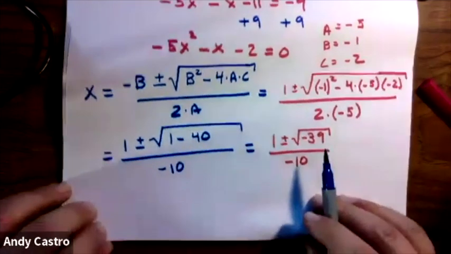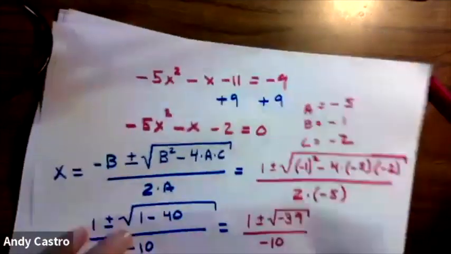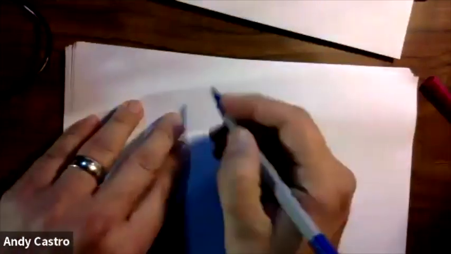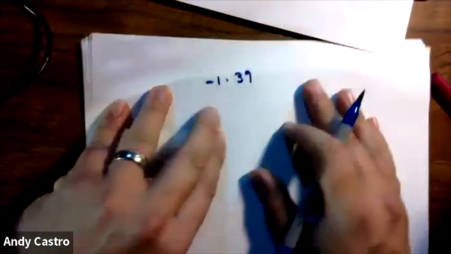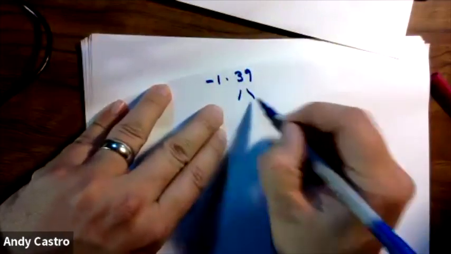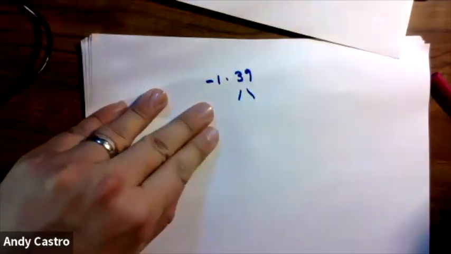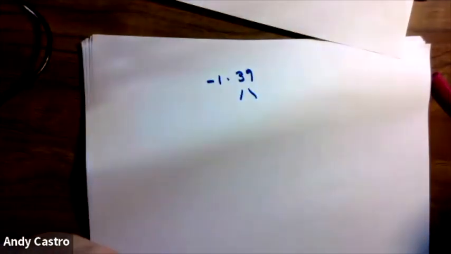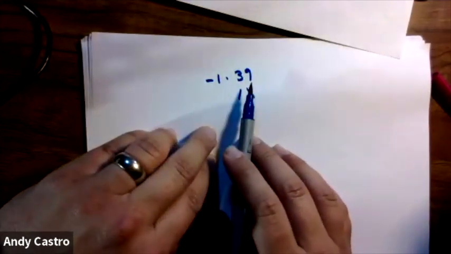Now, let's look underneath negative 39. Obviously, we have a negative 1 times a positive 39, but let's break down 39. Is this a perfect square? I already know it's not because it's an odd number. No two numbers multiplied together will give us an odd out.